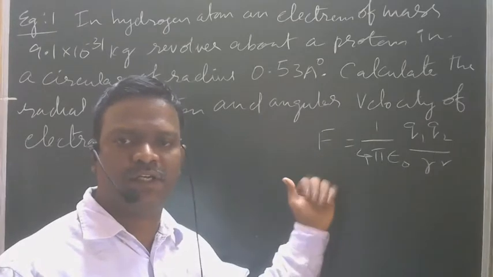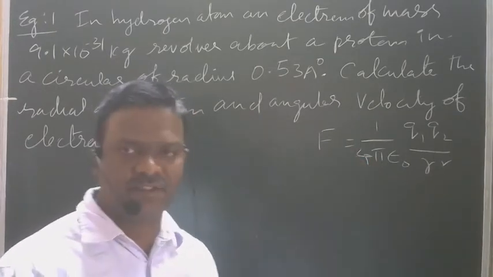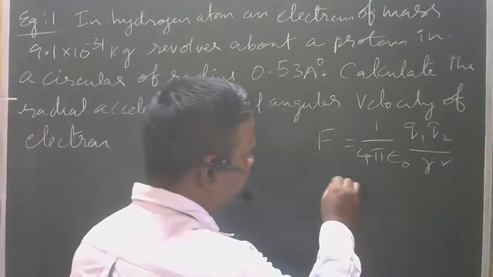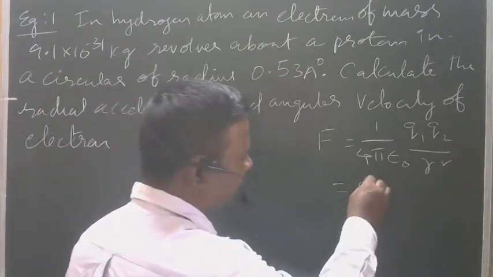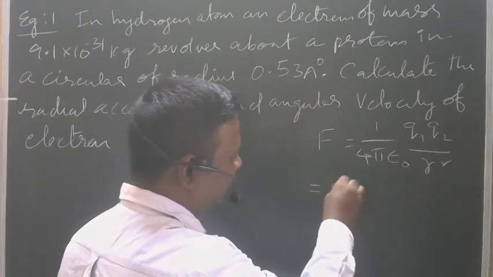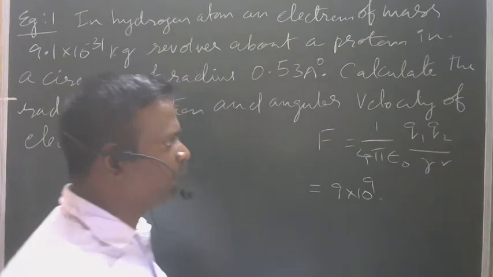If you substitute the mass value, you will get this. First we will find the force acting on it. Here 1/(4πε₀) is 9 × 10^9. What about the charge?